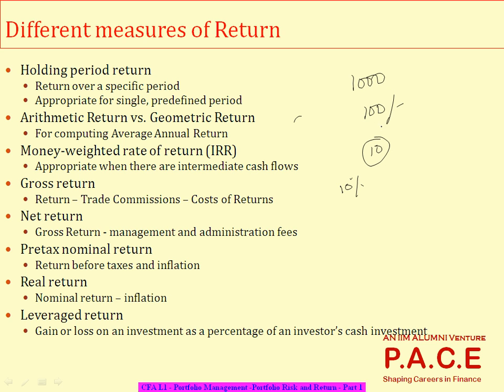What will happen to your money? The share would have gone to 110 rupees. When you sell off all your 10 shares, you will get 1100. So there is a 10% profit for you, straightforward. Even if it is a 10% loss, you will lose 10%.